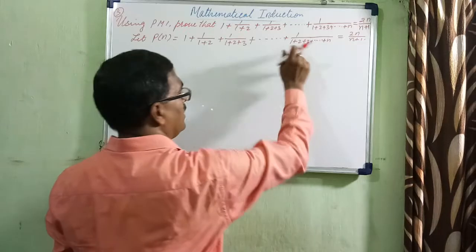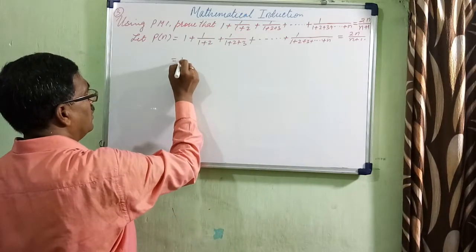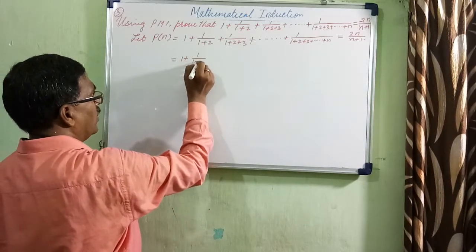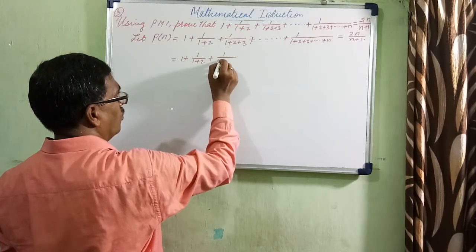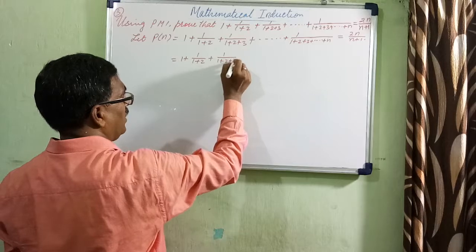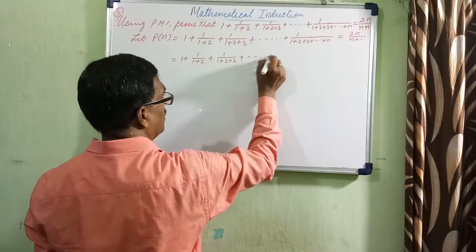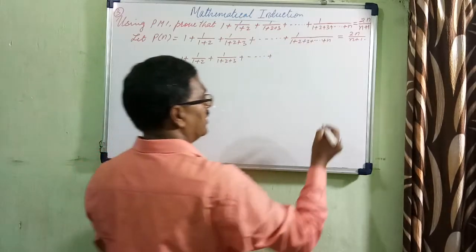Moreover, we can say here as 1 plus 1 by 1 plus 2 plus 1 by 1 plus 2 plus 3 plus dot dot dot. Now let us convert into general term.